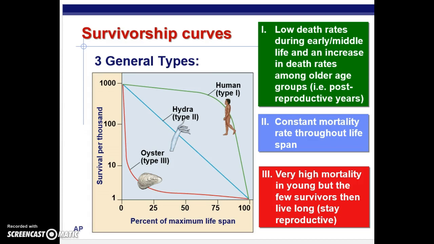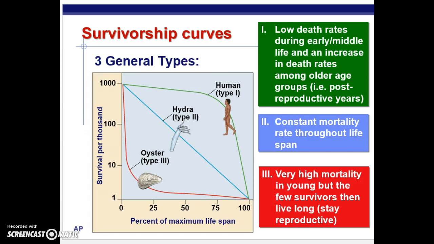And then the last type is type 3, which drops sharply at the start, reflecting a very high death rate early in life that flattens out as the death rate declines for the few individuals that survive the early part of the lifespan. Examples are many fishes, plants that live a long time, and most marine invertebrates. You can see the oyster here, where there are a lot of offspring, but most of them die, and only a few individuals make it. But if they do, then they have a long lifespan.